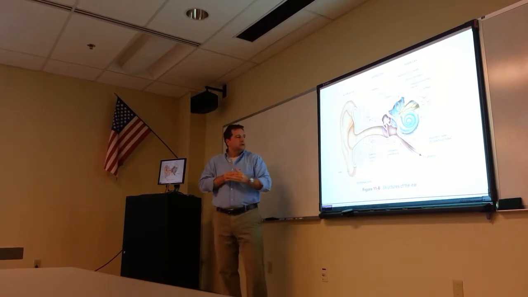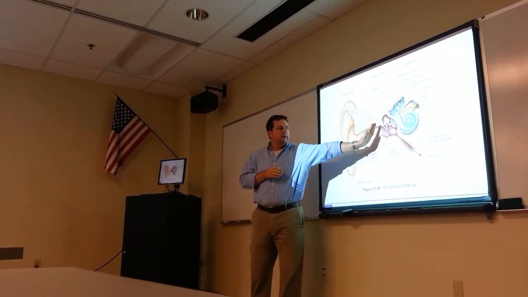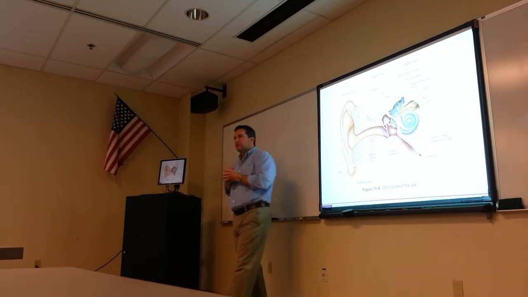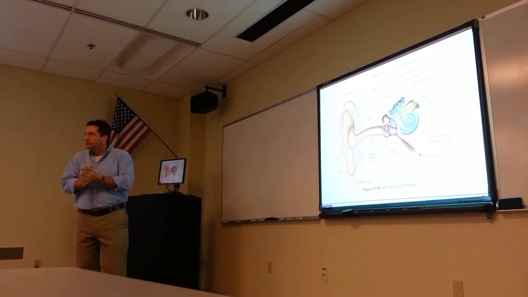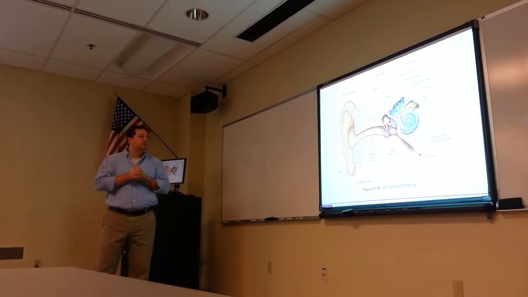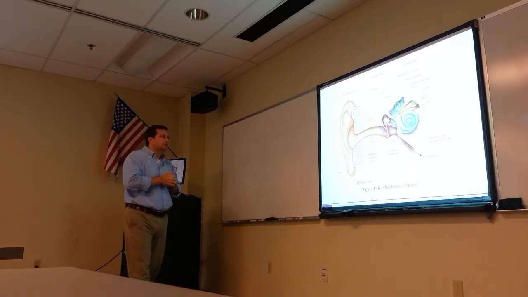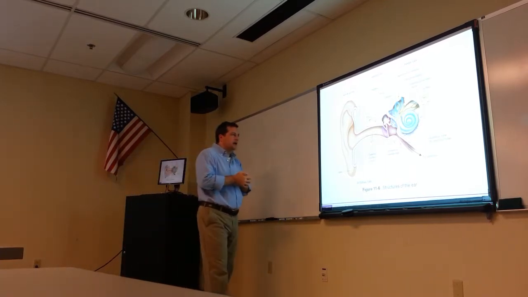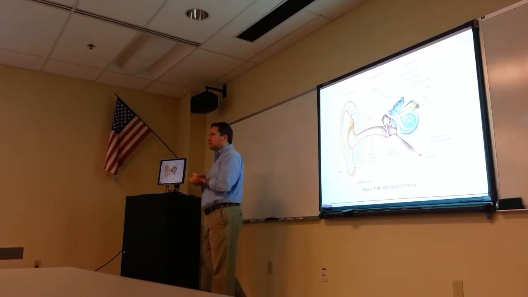Okay. External auditory canal. This area right here. The opening to the external auditory canal is the external auditory meatus. I told you the term meatus is an opening to something. External auditory meatus opens to the external auditory canal. Within the external auditory canal, there are specialized cells that produce a substance called cerumen.